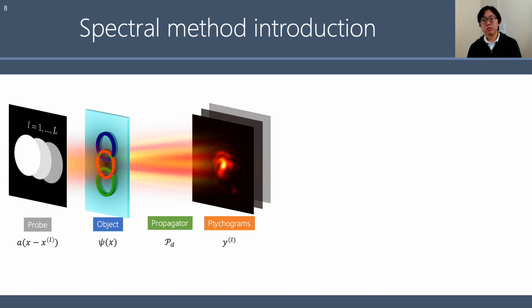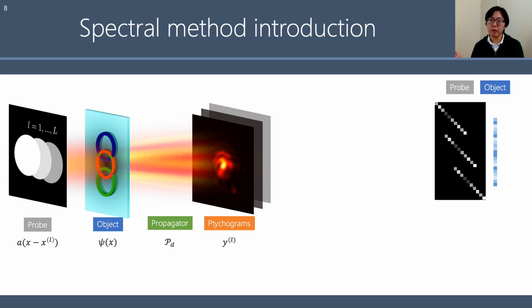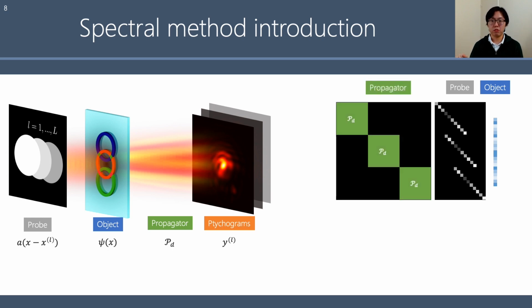To introduce how to design spectral methods, it's useful to start from the forward model of ptychography. The object is illuminated by a shifted probe illumination, and ptychograms are recorded after light propagation. This can be put in the following vectorized formalism. The object, represented as a vector, is multiplied element-wise by the probe several times, one for each probe position.